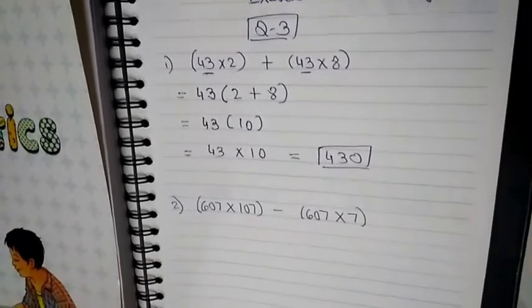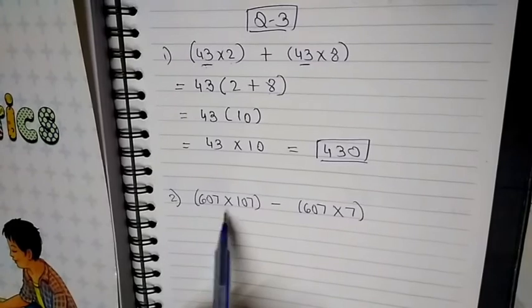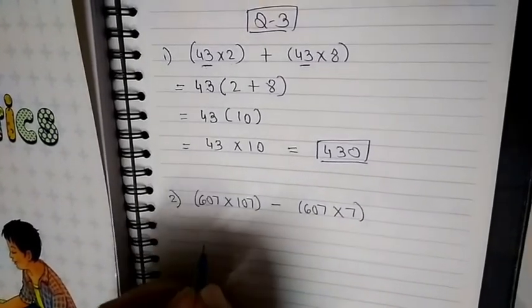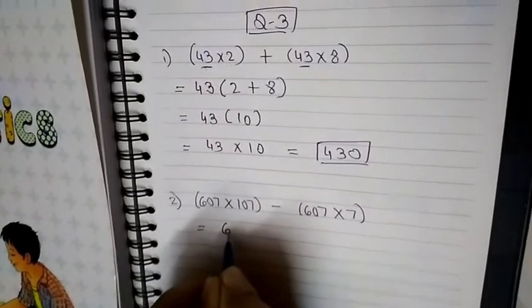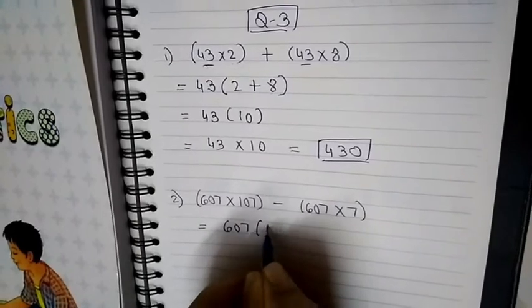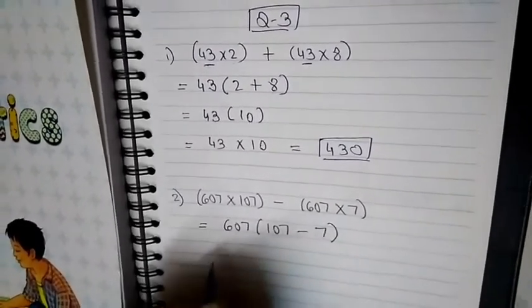Now question number 2. Here also the same thing. If you see, 607 is common in both the brackets. So you will take out 607 as common. What will remain? 107, this minus, and this 7.